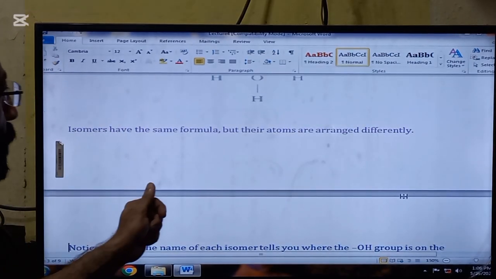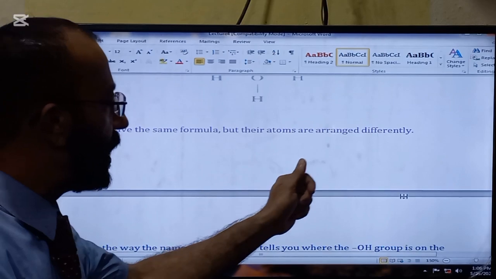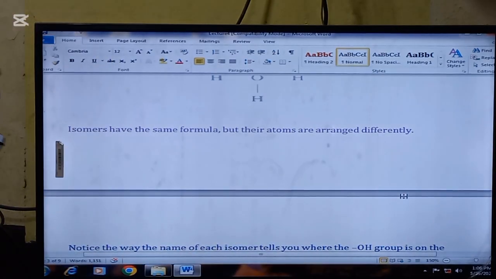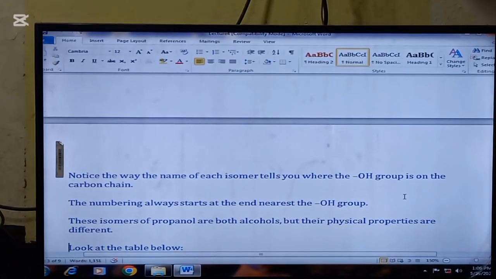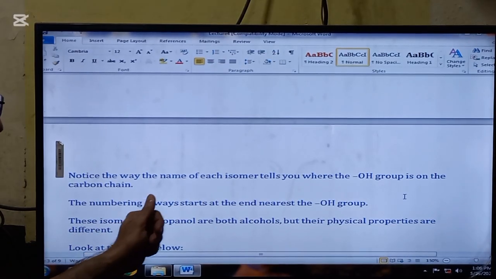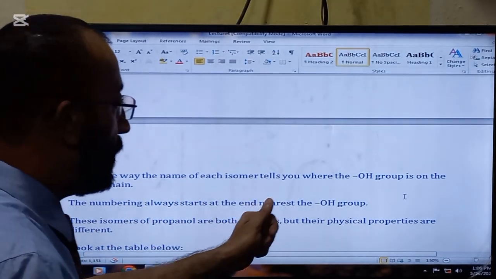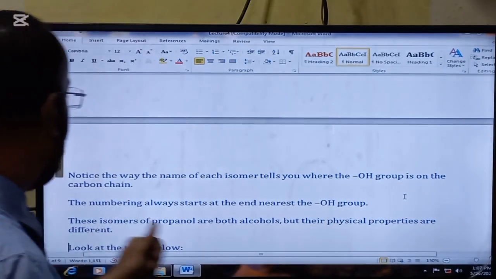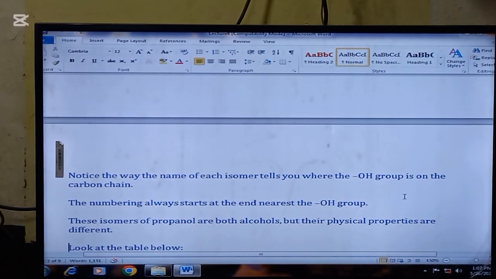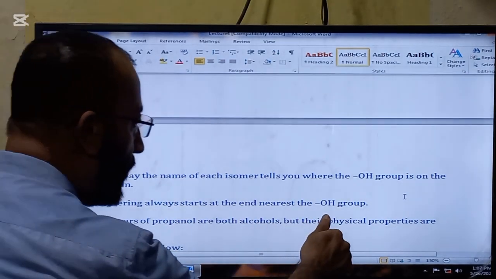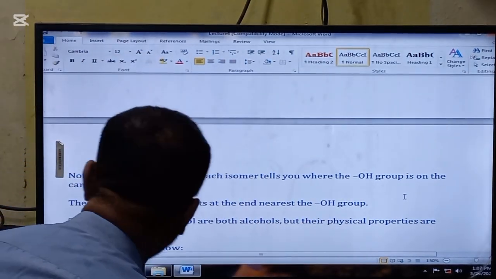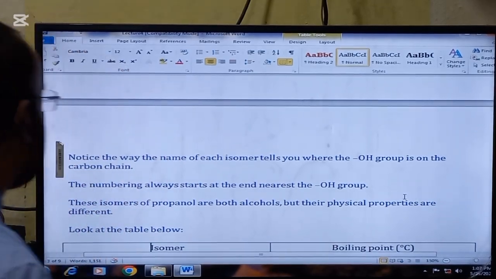Isomers have the same formula, but their atoms are arranged differently. Notice the way the name of each isomer tells you where the OH group is on the carbon chain. The numbering always starts at the end nearest the OH group.